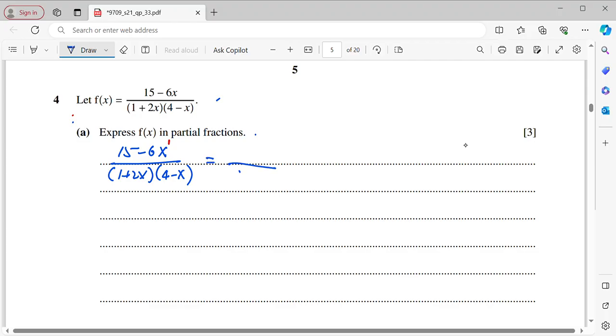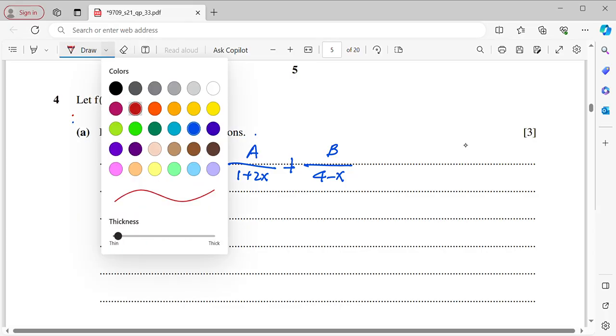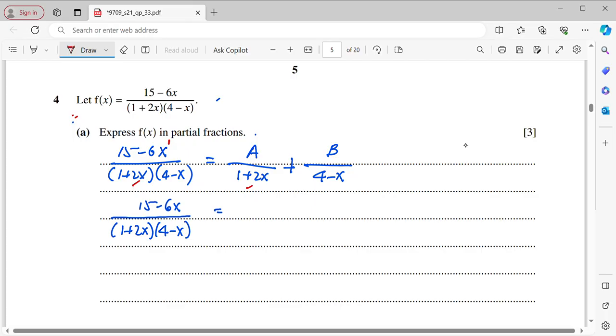So this is going to be 1 plus 2x in the denominator plus with 4 minus x in the denominator. So when the denominator is 1 plus 2x, the numerator is a, and the denominator is 4 minus x, numerator is b. Okay, so from here, we need to get the same denominator as on the left-hand side. Therefore, I will rewrite the term. Now, I have a over 1 plus 2x. That means I need to times with 4 minus x to make it the same denominator.